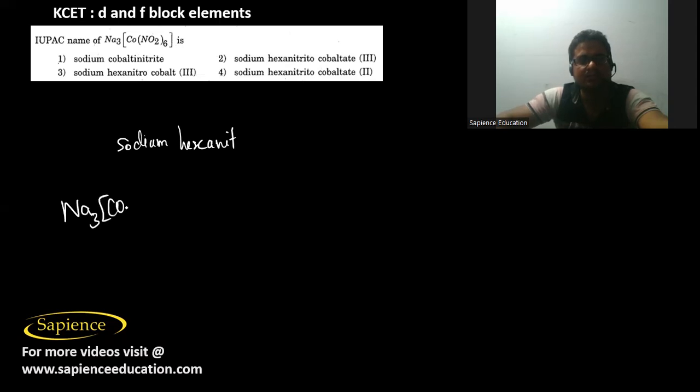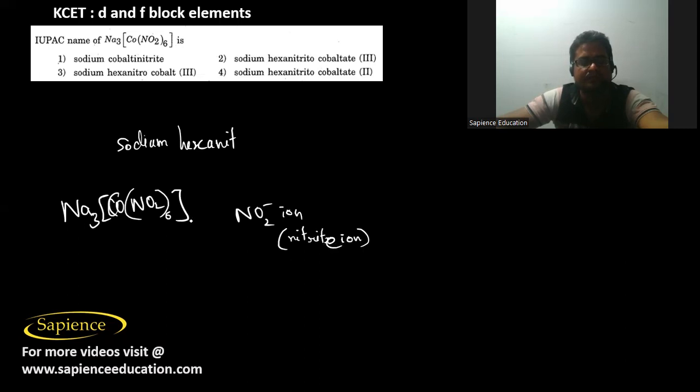Then here it is told to find the IUPAC name of Na3[Co(NO2)6]. So it is sodium hexanitrito. Since 6 NO2 ions are present here, and as we know NO2 minus is the nitrito ion, or nitrite ion.